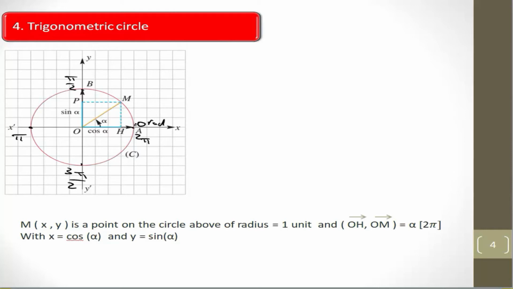If you start from 0 and make a full turn, it repeats itself. So it goes 0, pi over 2, pi, 3 pi over 2, and then back to 2 pi, which is the 0 radian.